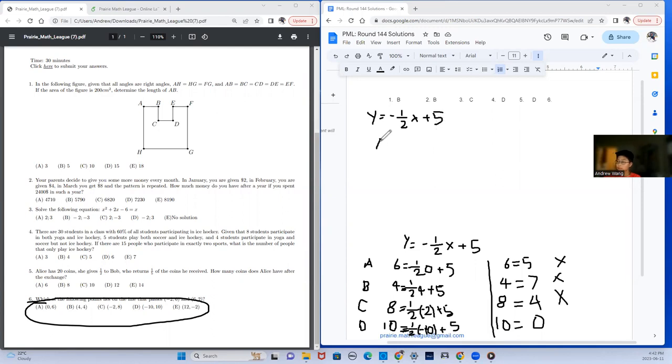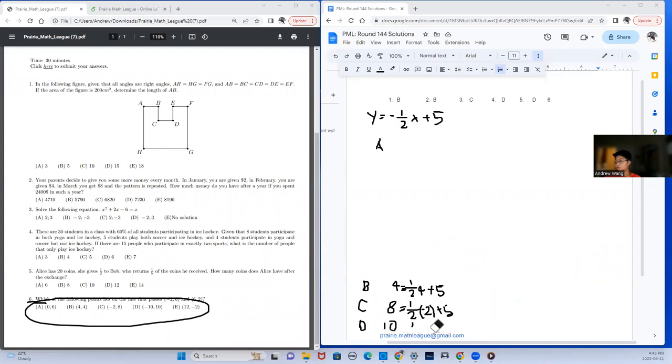So let's look at A again first, which is the points 0, 6. Okay, I apologize for that. So for 0, 6, we put 6 equals -half of 0 plus 5.